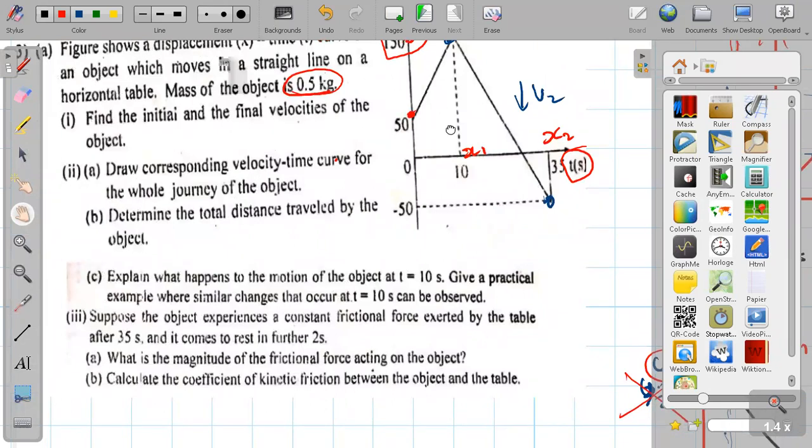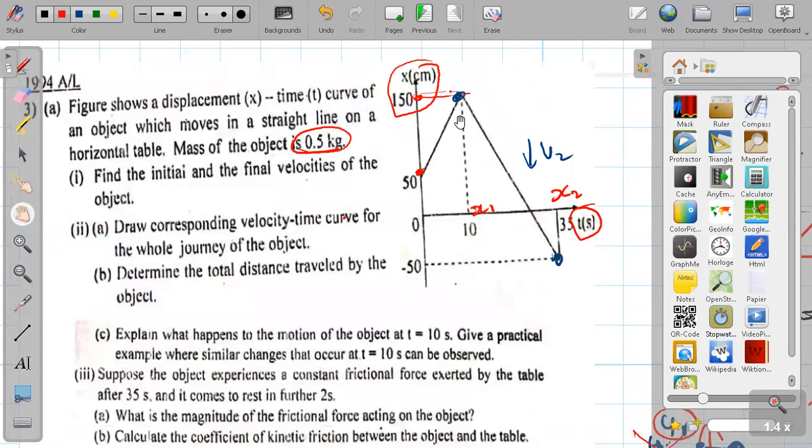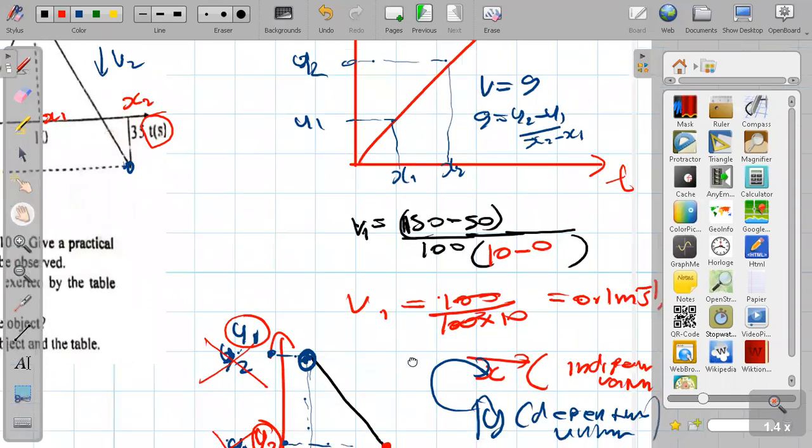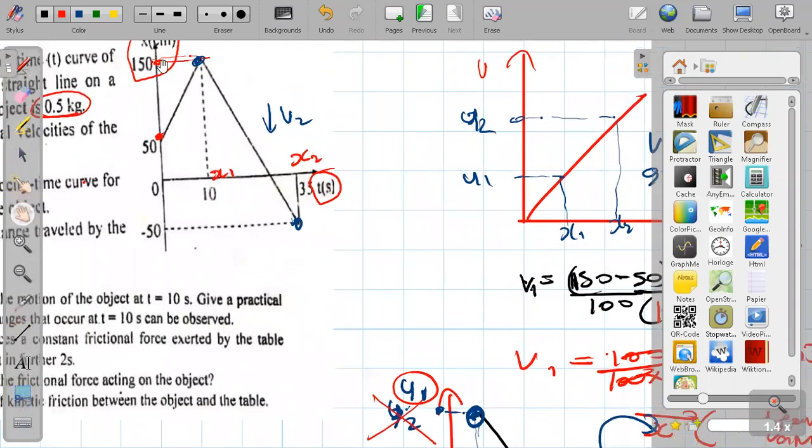So final velocity. Final velocity means this part. Motion of this, the second part. It's like minus 50 and 150 is the top.